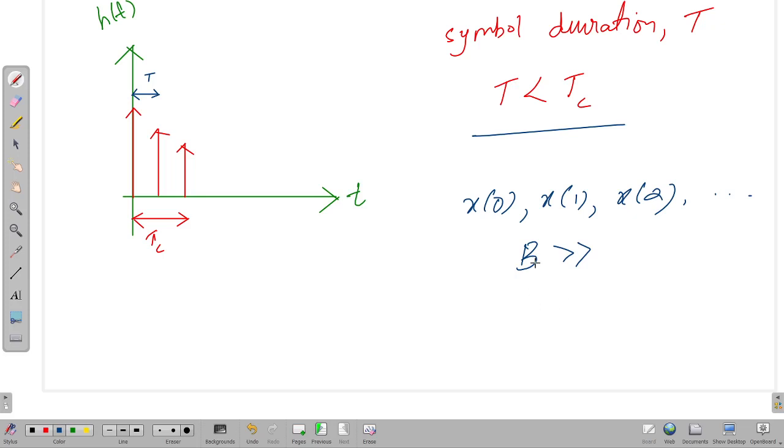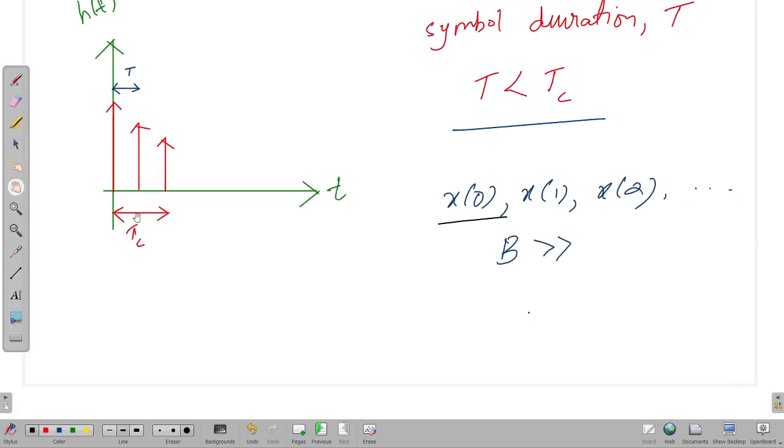The time duration of the symbol is small, and as such you can transmit a number of symbols in a particular amount of time. You transmit the first symbol, that is x0, and let's see what happens at the receiver side.